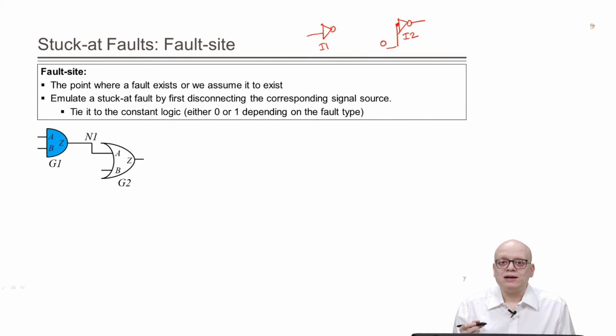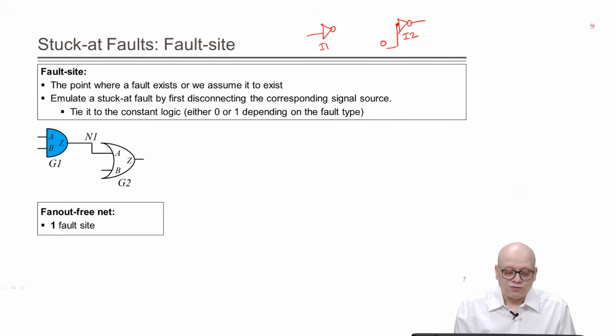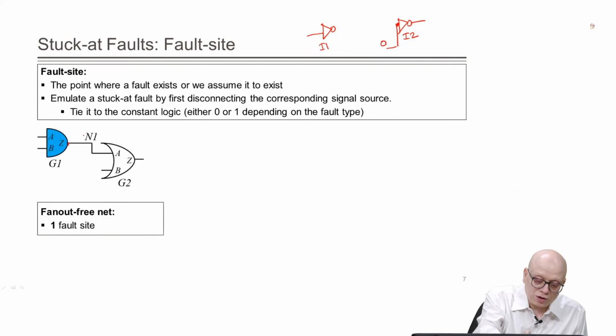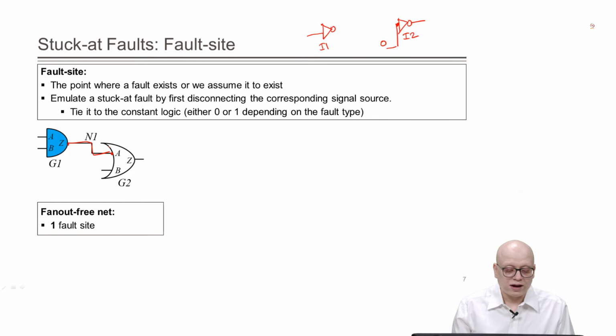Now, for a given net, how many fault sites can there be? If the net is a fan-out free net, meaning the number of pins in the fan-out is 1, then the number of fault sites is 1.